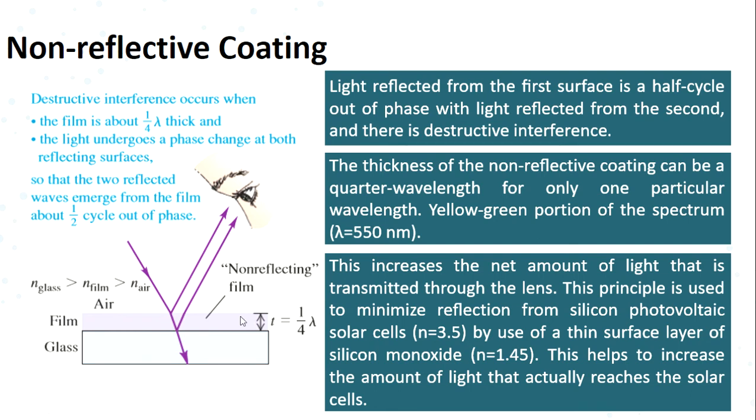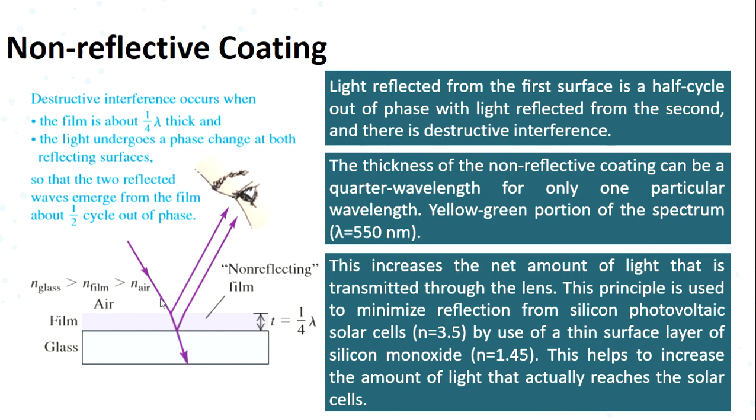So here is our film. It's 1/4 lambda thick, and the light undergoes a phase change at both reflecting surfaces because the index of refraction of the glass is greater than that of the film, and the index of refraction of the film is greater than that of the air.